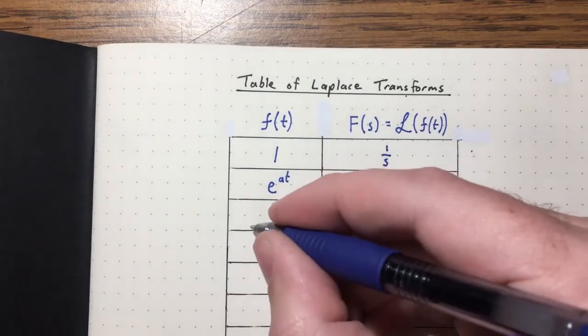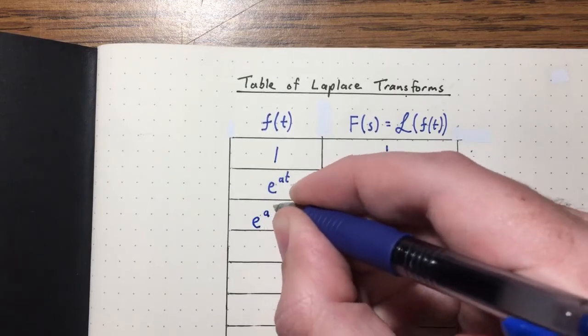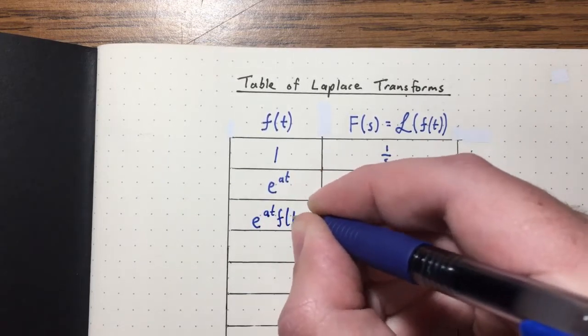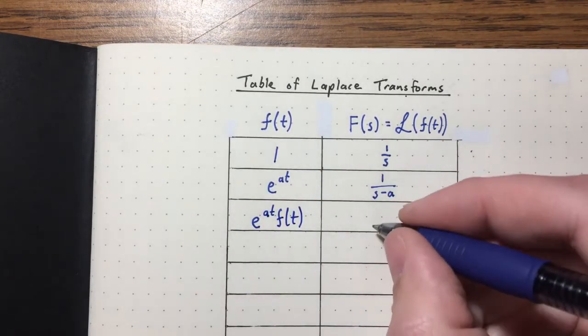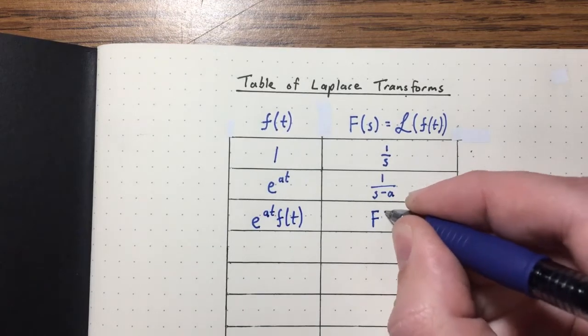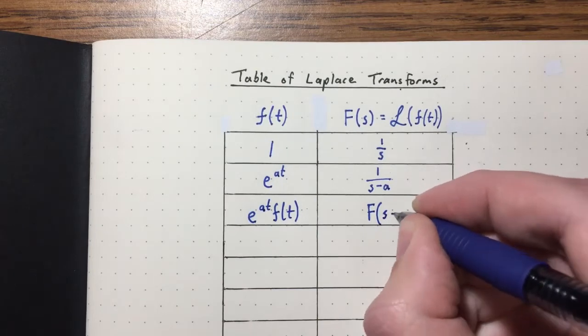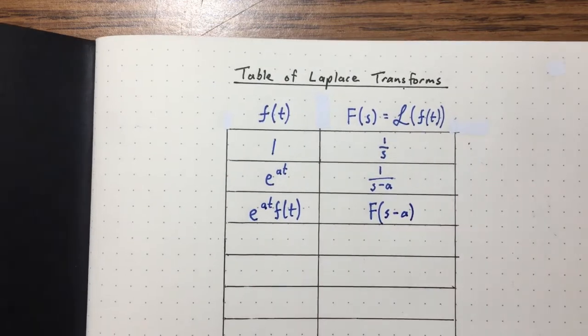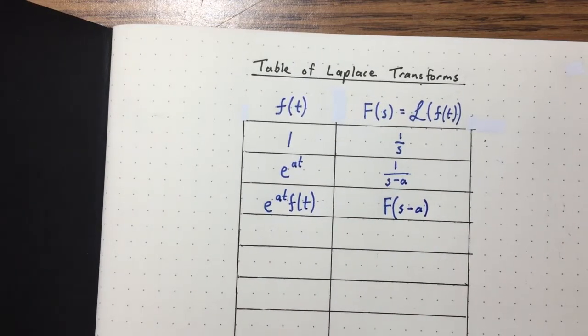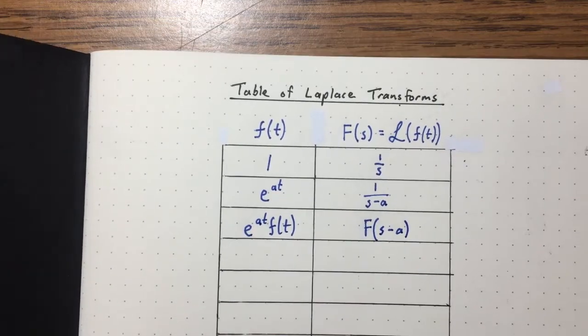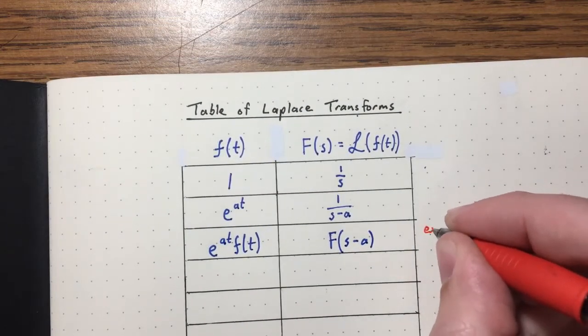Okay, so let's write the exponential shift rule in here next, because that's a really important one. Okay, so that's going to be capital F, where capital F is the Laplace transform of little f, but I need to replace all the s's I get with s minus a. Okay. I'll write here exponential shift rule.